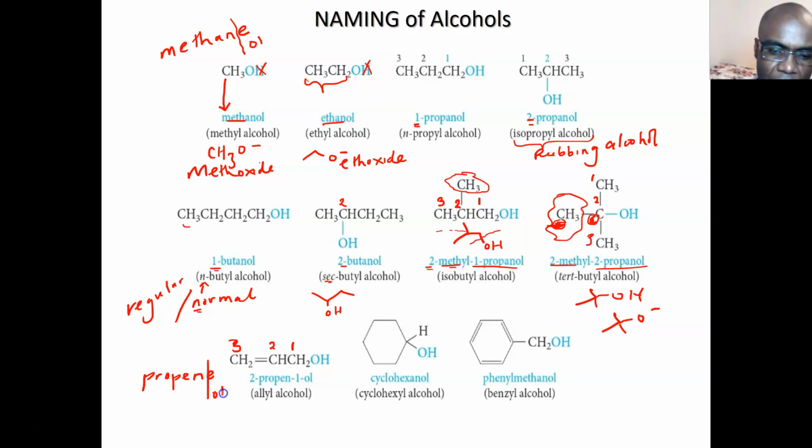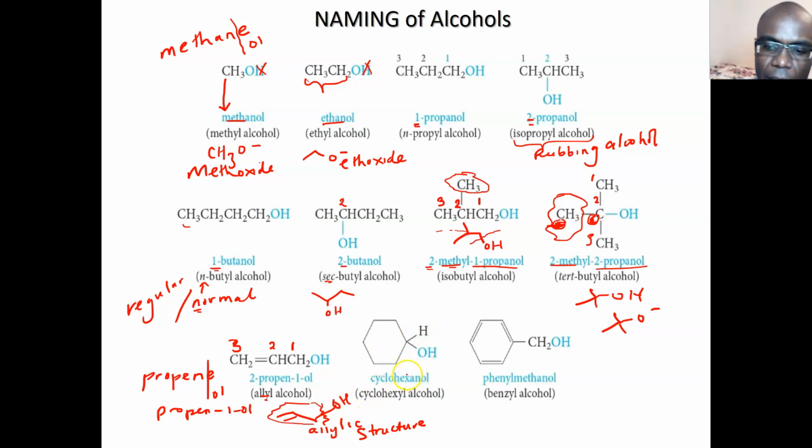Replace the E with OL, you get propanol, but the alcohol is on the first carbon, so it's propene 1-ol. Other is called allyl alcohol because this part here is an allylic system. Okay, that structure is allylic, where you have a double bond, a single bond to a carbon, and then to something else like OH. This part here is called an allyl group.